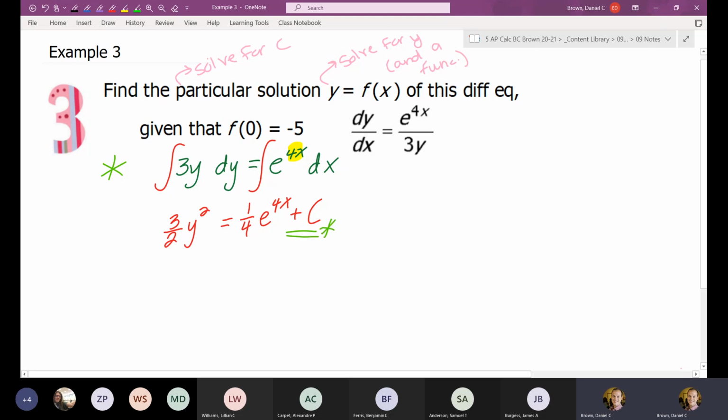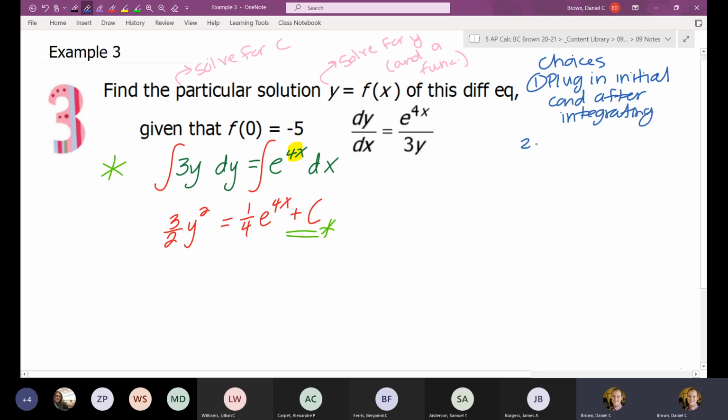And then here's where I want to talk about where you can make a decision when plugging in your initial condition. You do have two choices. Your first choice is you can plug in the initial condition after integrating. And that's your first option.